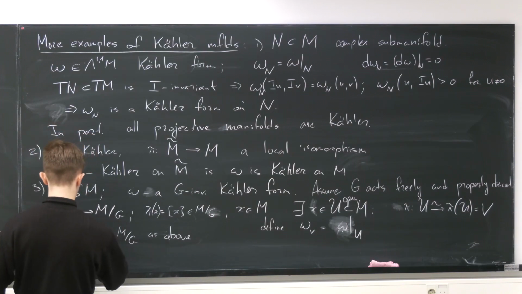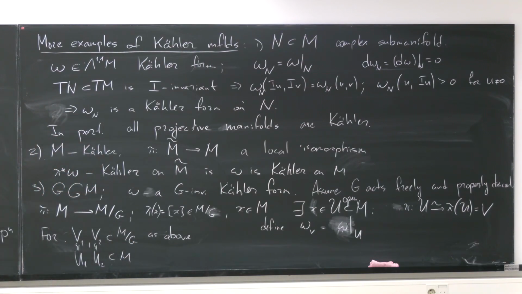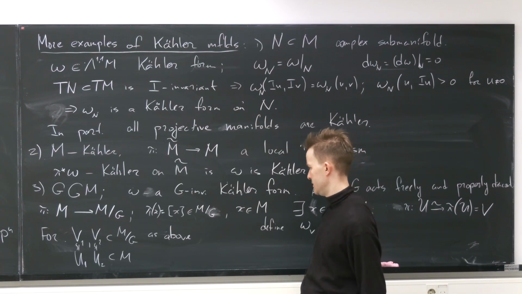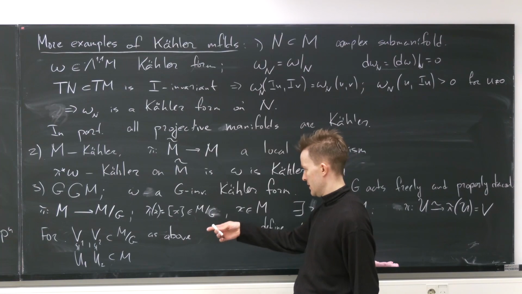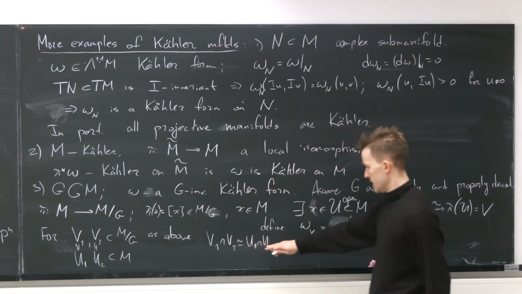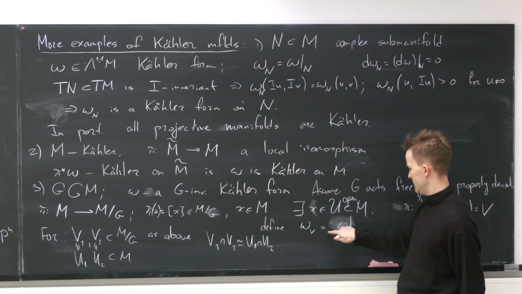So here we have U1 and U2 in M. We may choose those preimages to be such that the intersection of V1 and V2 is just isomorphic to U1 intersected with U2, but then the definition of this omega V does not actually depend.